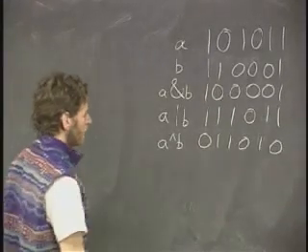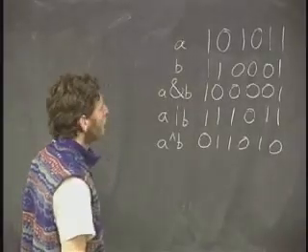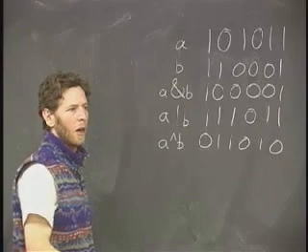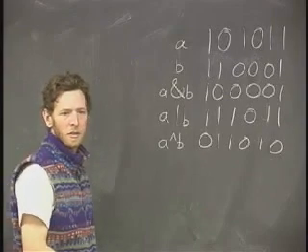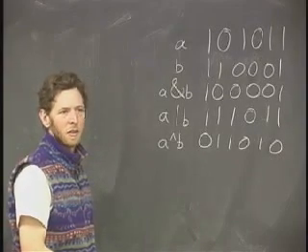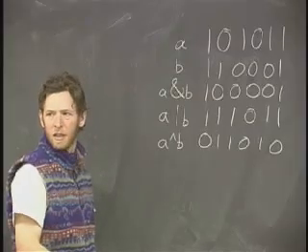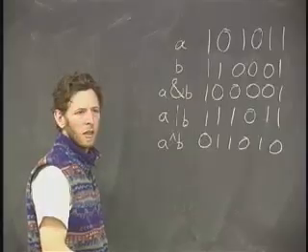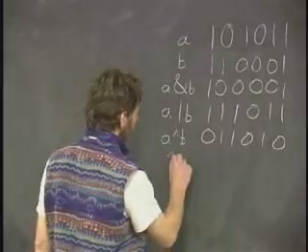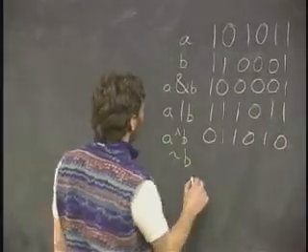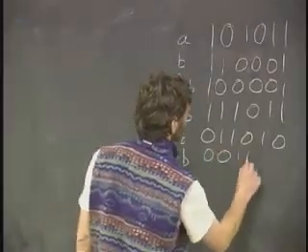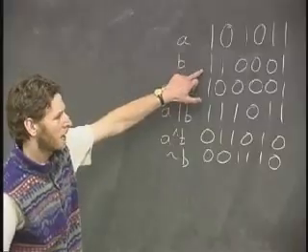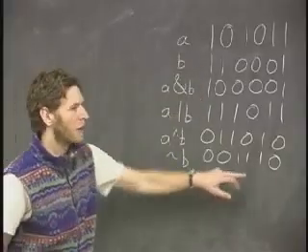And then there's not, and I don't remember the symbol for bitwise not. Somebody? Is it exclamation? Yeah, I thought it might be a tilde. Thank you. So this is not B. Everywhere where B has a 1, not B has a 0.